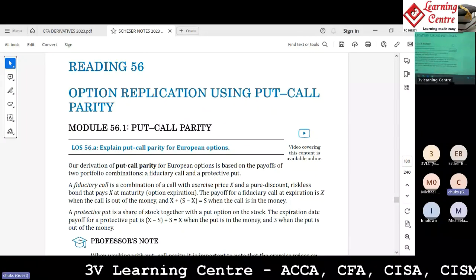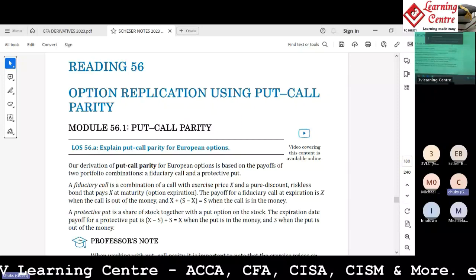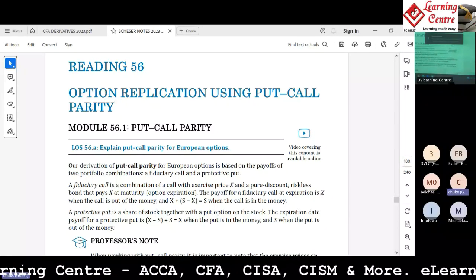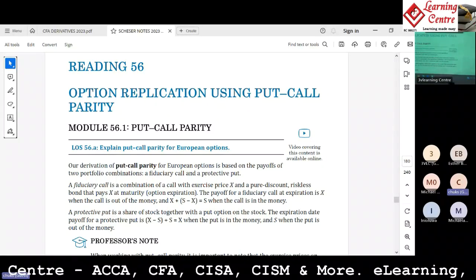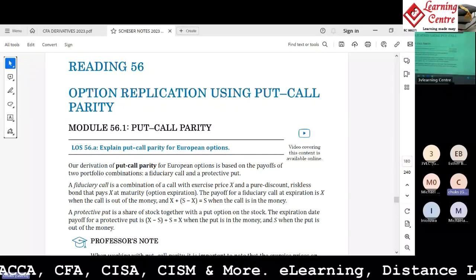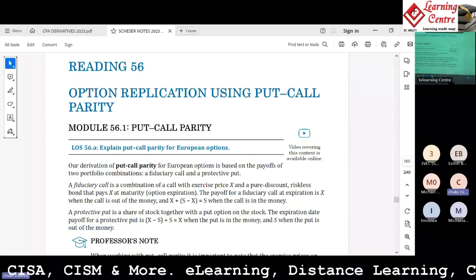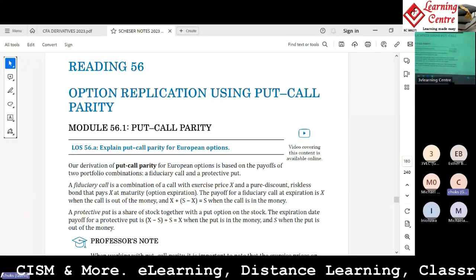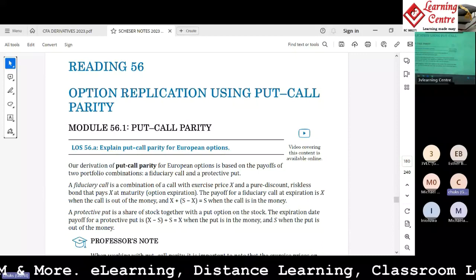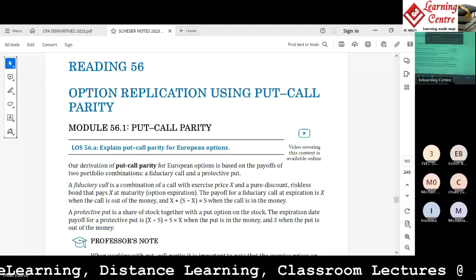I want to get a put that will equal a call. That's basically what this is. So I have a call on the left side. What put does it have to be for it to be balanced with a call? So let me take it again. Let me start with the put.